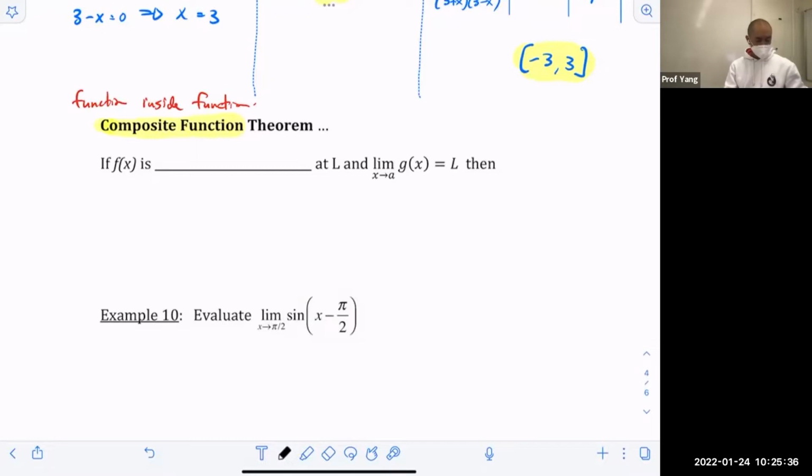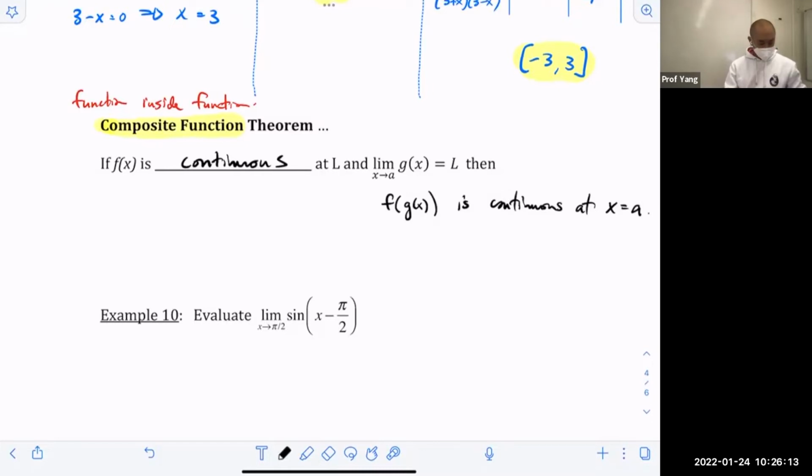If f is continuous at L, and the limit as x goes to a of g of x is equal to L, then f of g of x is continuous at x equal to a. So that's the actual theorem, but I want to help you unpack it.